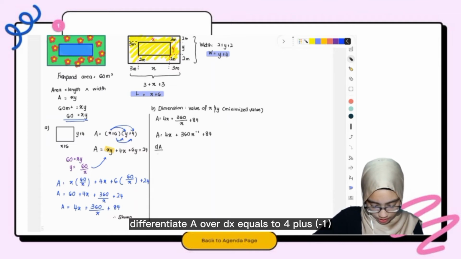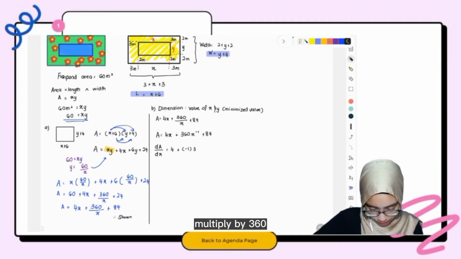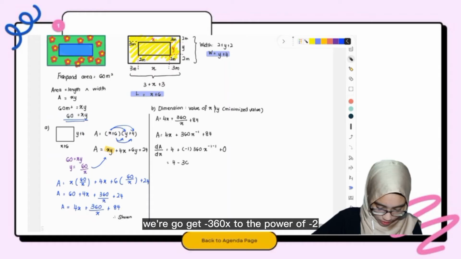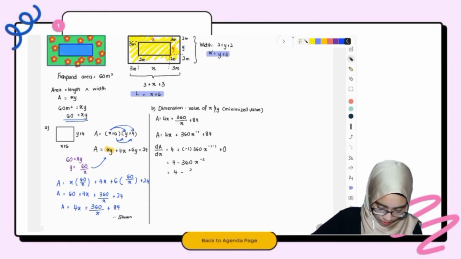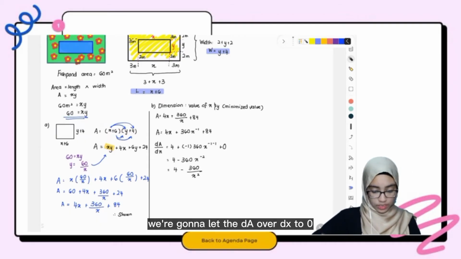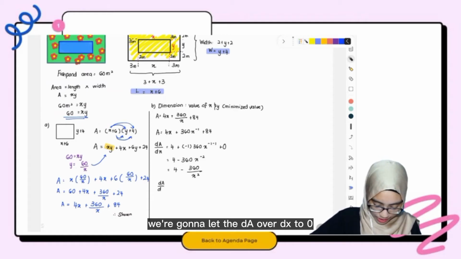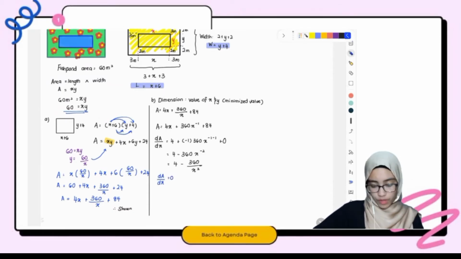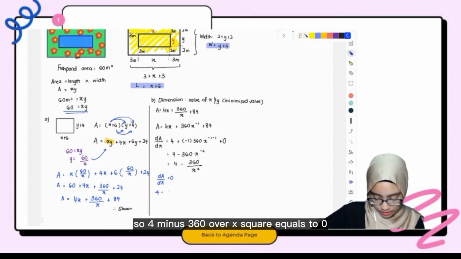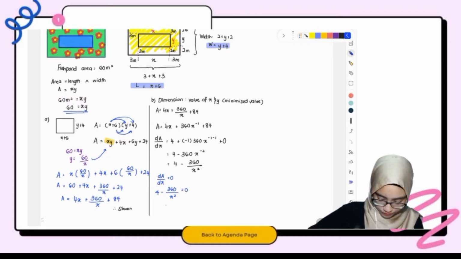Differentiating, dA over dx equals 4 plus -1 multiplied by 360x to the power of -1 minus 1, plus 0. Then we get -360x to the power of -2. In order to get the value of x, we let dA over dx equal 0. So 4 minus 360 over x squared equals 0.